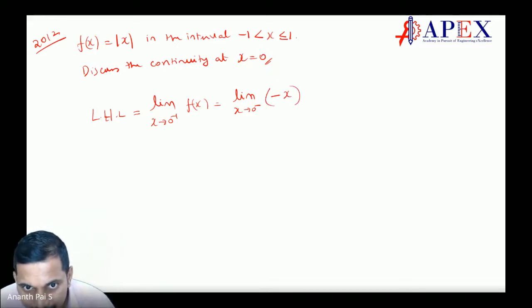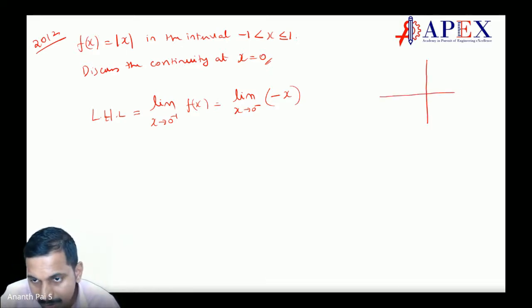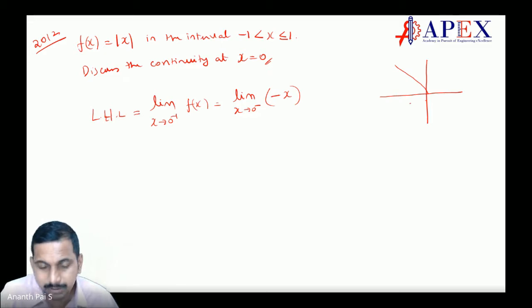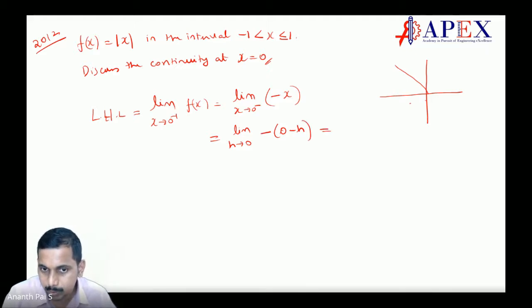It's minus of x, because modulus of x is positive. So 0 minus is limit h tending to 0 of 0 minus h, correct? And what is the value here? It becomes 0, correct?